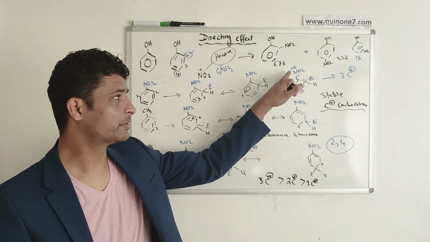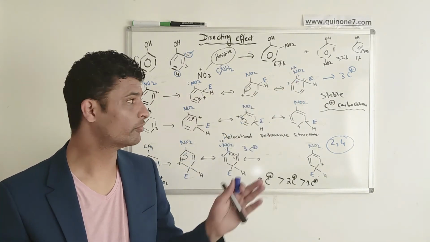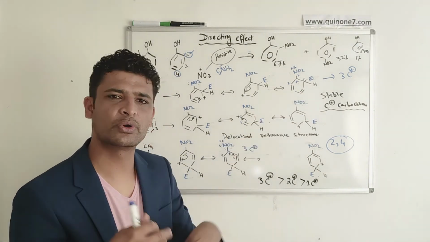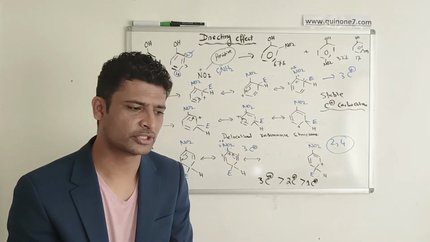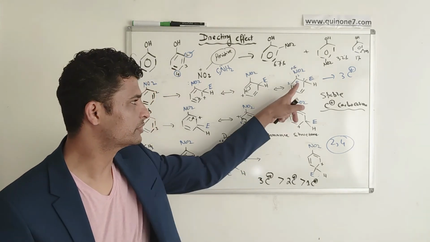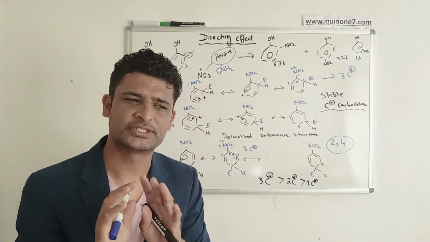Because it has a partial positive charge and this one has a full positive charge, they will oppose each other. The moment the structure appears, it is not going to stay in the solution, so it disappears straight away. So the life of the intermediate is very short in this case, because according to the physics law, same charges repel each other.